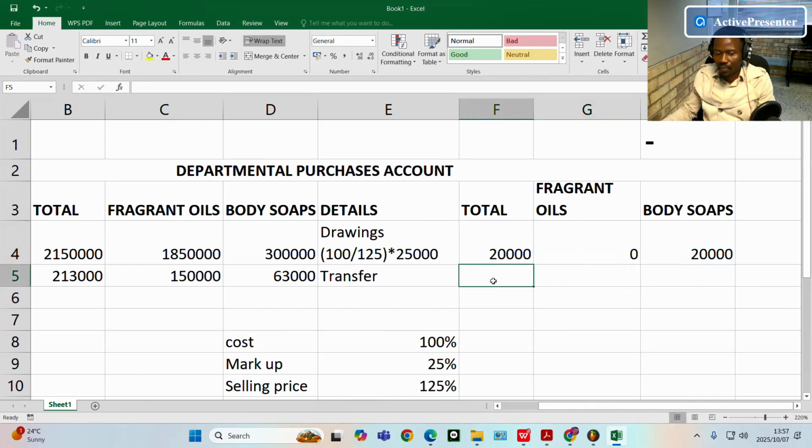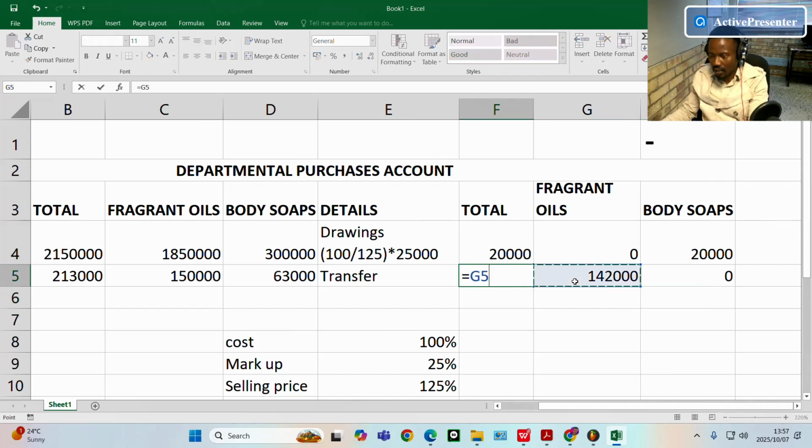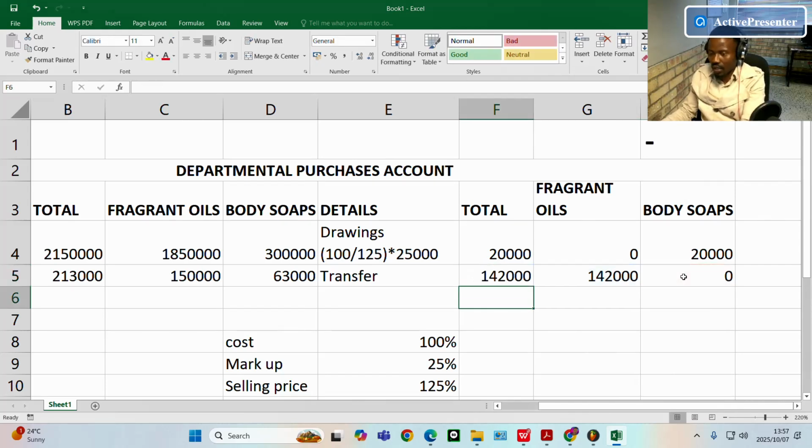So it's a transfer from fragrance oils, 142,000, and here it's 0. When you add the 142 plus the 0, you get 142. Where was it going to?